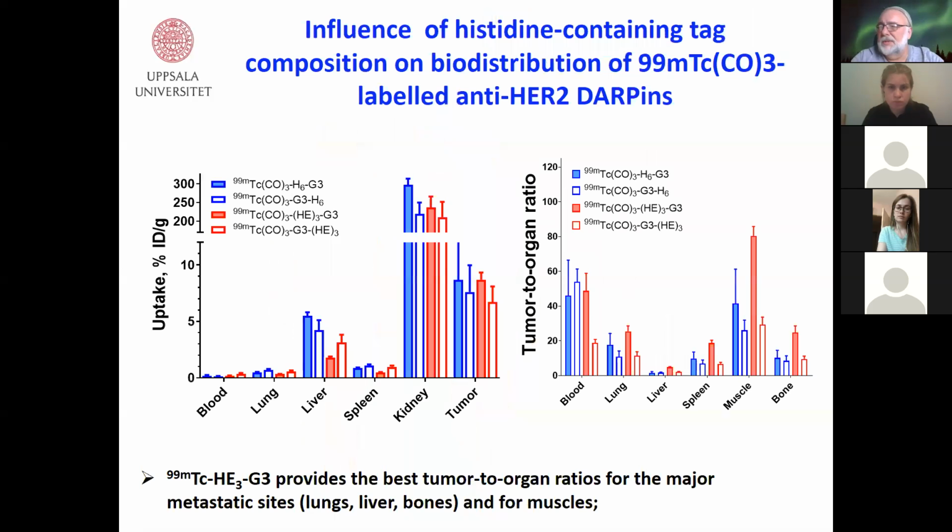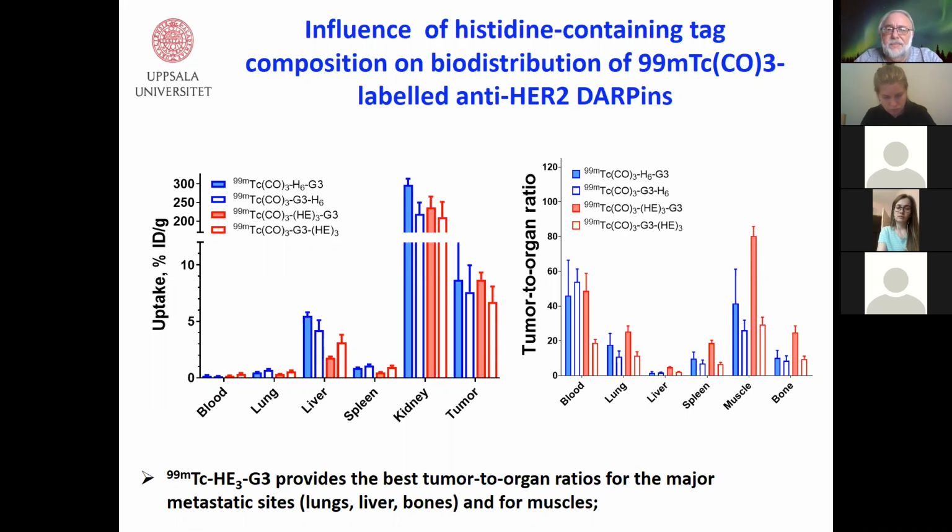Well, I mentioned that He tag didn't work with ADAPT, but when we start to work with DARPin, we have again evaluated the influence on hepatic uptake, and here was very clear that He tag reduced more than 4-fold hepatic uptake.